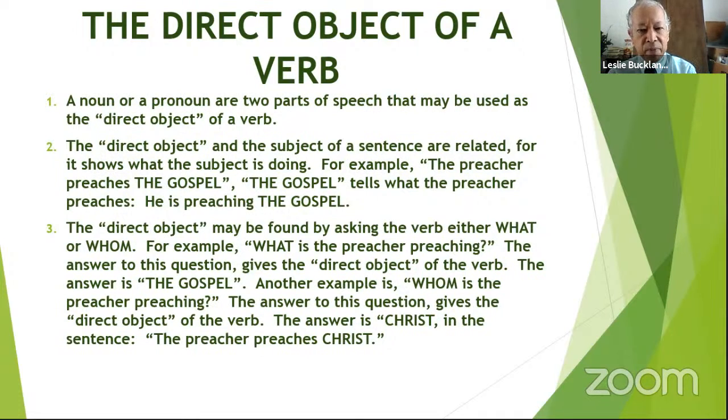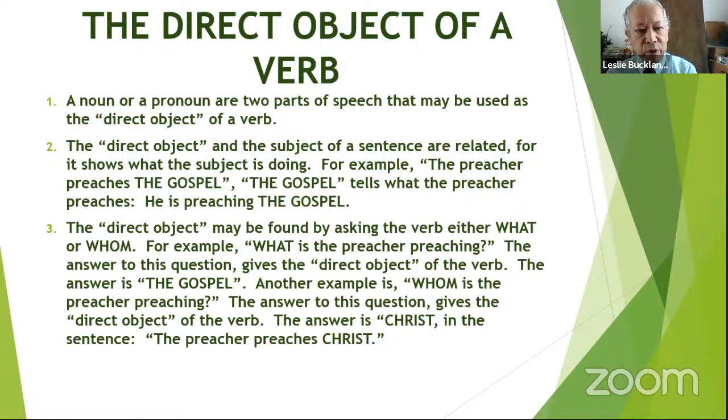For example, what is the preacher preaching? The answer to this question gives the direct object of the verb. The answer is the gospel, and gospel itself is a noun, and it is functioning here as the direct object of the verb preaches.